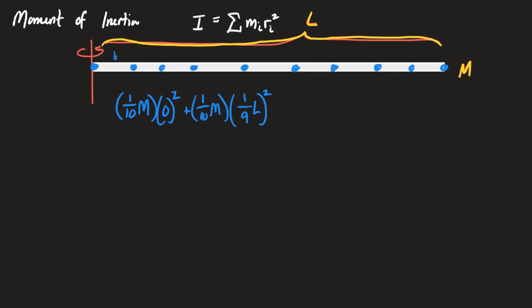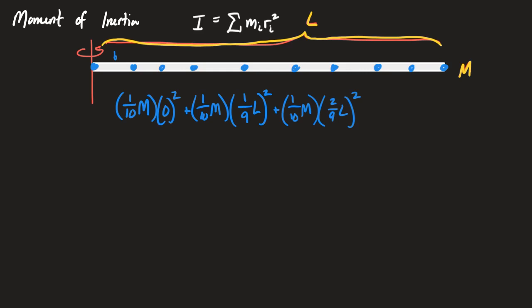Now the next one still is 1/10 of the mass, and it is 2/9 L. Now, can you kind of predict what this is going to look like?